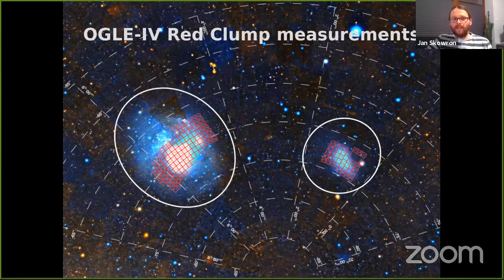You can basically do this because the number of red clump stars is dropping really fast at these distances, and outside of these ellipses you do not have a good statistical measurement of the color. So this is the best coverage of the dust map we can get.